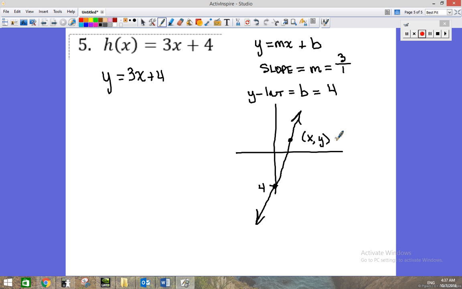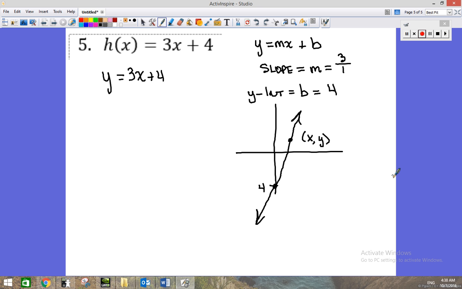Well, now that I have this function that passed the vertical line test, there's another test called the horizontal line test, and if it passes the horizontal line test, I think of it as getting another promotion, and the new title is a one-to-one function.